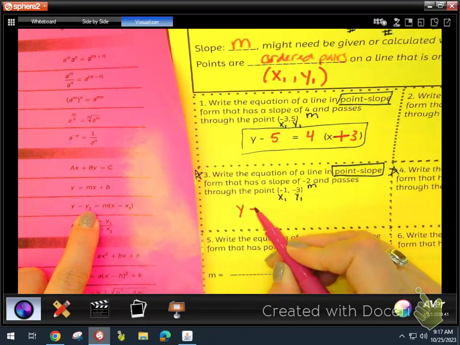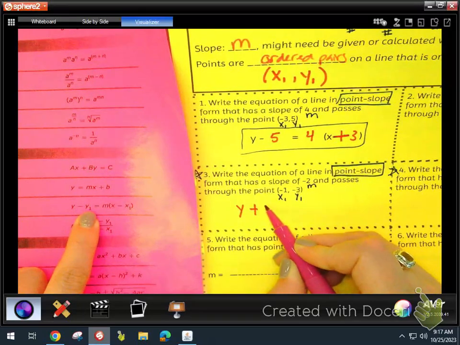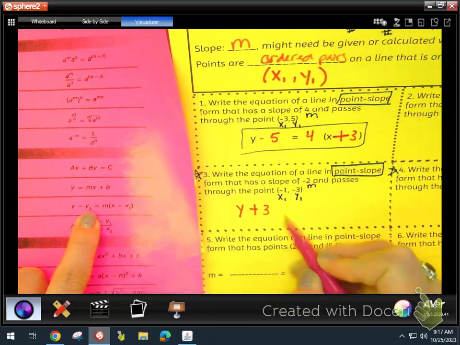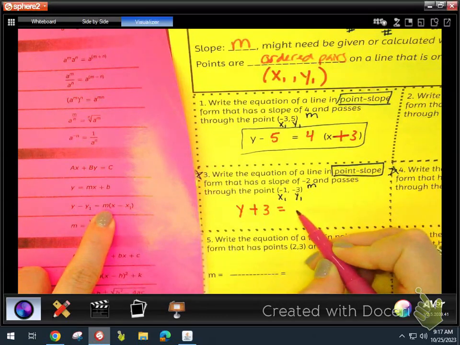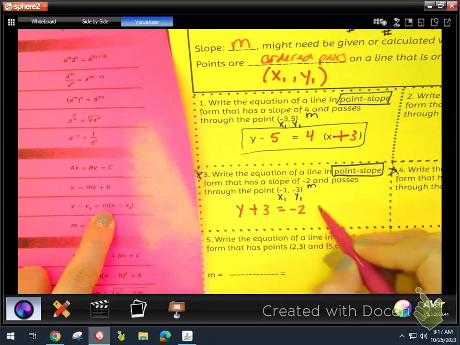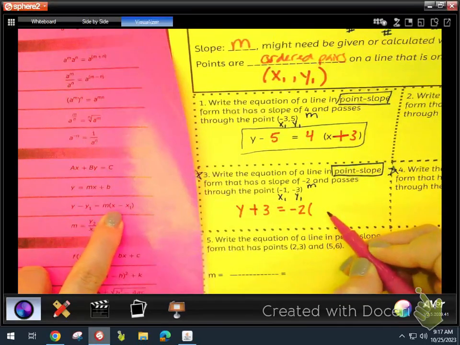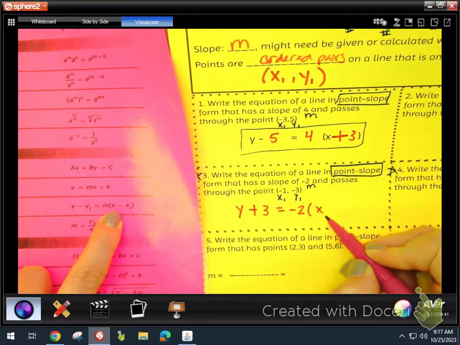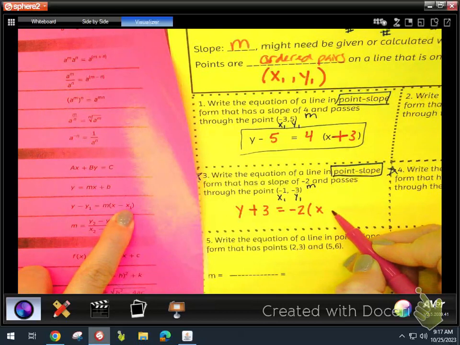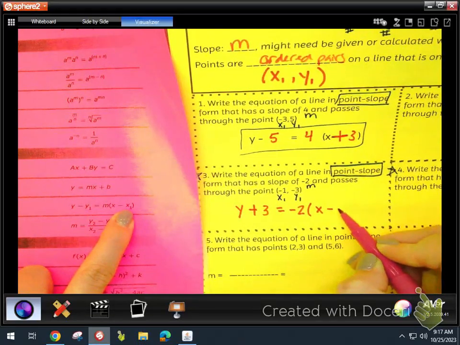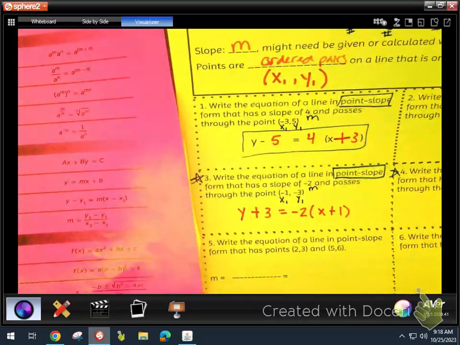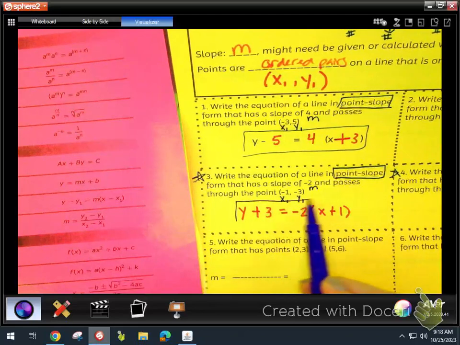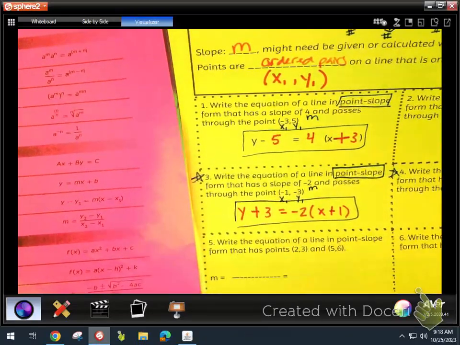So then I'm going to make this a positive 3 equals my slope, parentheses, x minus -1, which, minus the negative, becomes a plus. Okay? And I'm done.